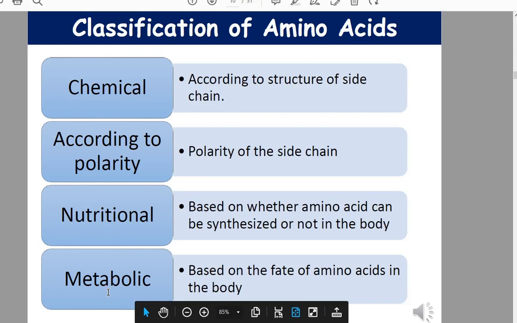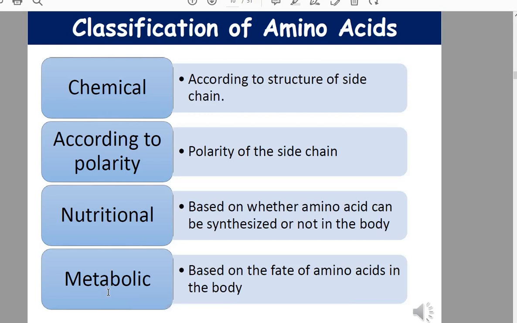And the metabolic classification, which depends on the fate of those amino acids in our body after the protein is degraded. At the end of its function, it's degraded into amino acids and the metabolic fate of those amino acids in our body. So there are 4 types of classification of amino acids.